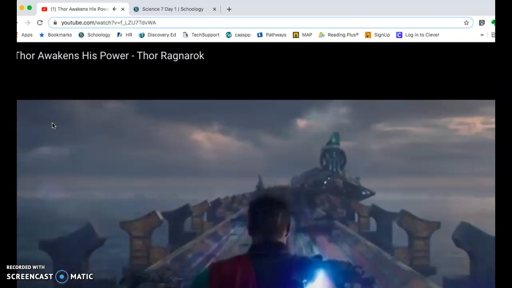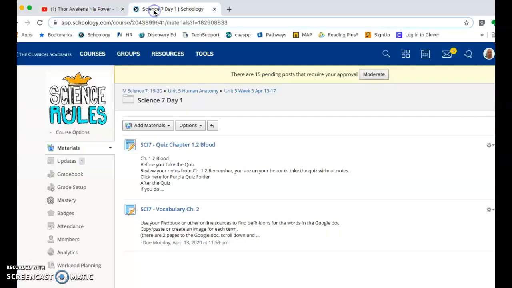So we want to focus more on plasma in the blood. Please be careful that you're looking at the right definition, because sometimes there are regular daily definitions of these words, and we want the science definition as it applies to the human body.